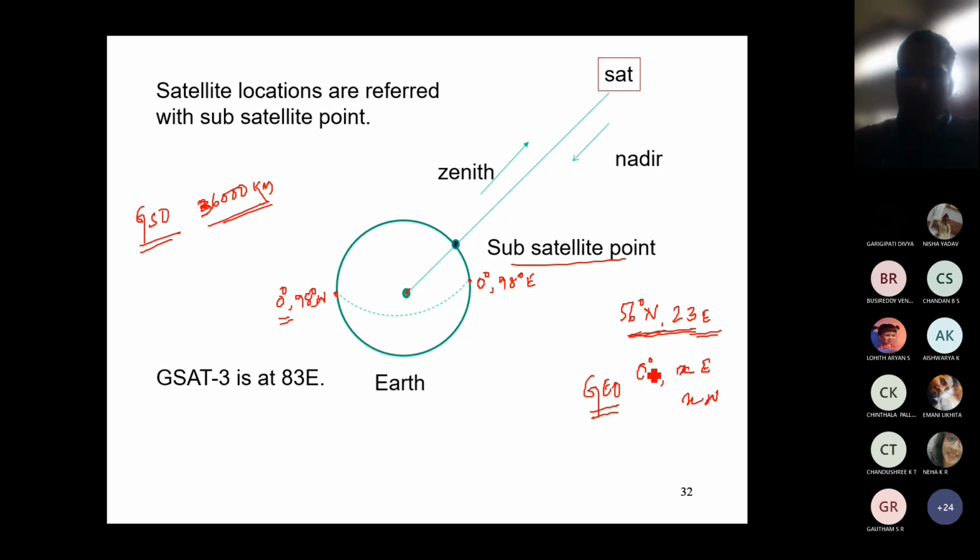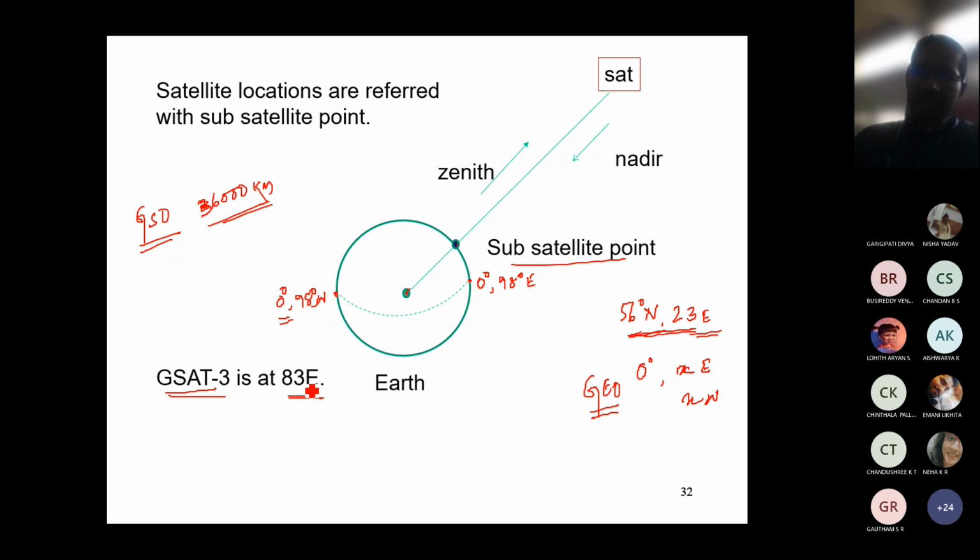Now you can see one of the satellites I have taken as an example, that is GSAT-3. It is at 83° east. What is this value given? This is nothing but the longitude value. It is not the latitude, because latitudes are north or south, and east or west are longitudes. Here the latitude is not given, because it is well known.